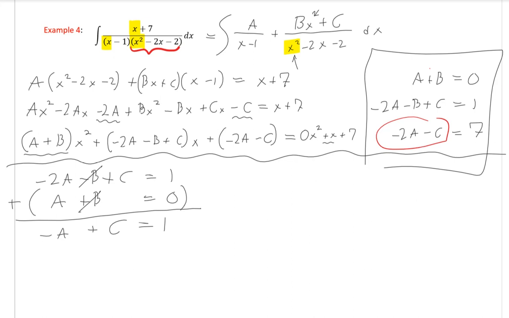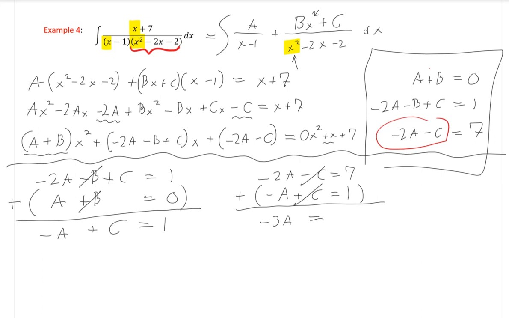Put that together with minus 2a minus c equals 7. I can simply add the new one I just got, because negative a plus c equals 1 will cancel out the c's. So minus c plus c will give me 0 c's. Minus 2a minus a will give me minus 3a.